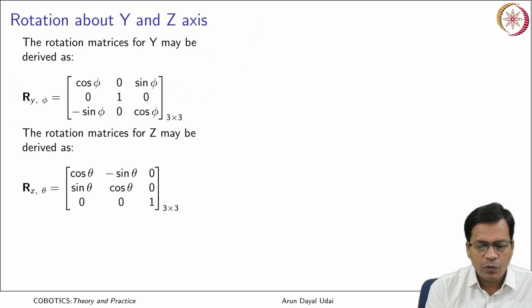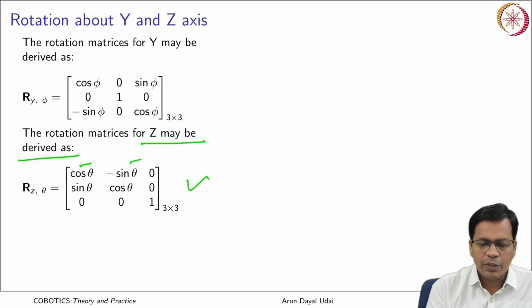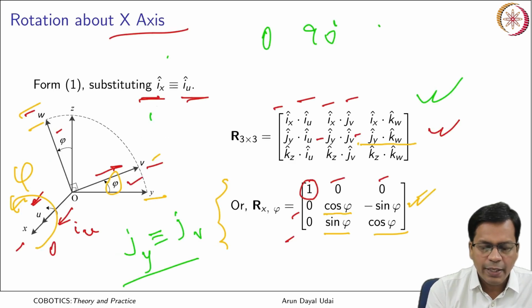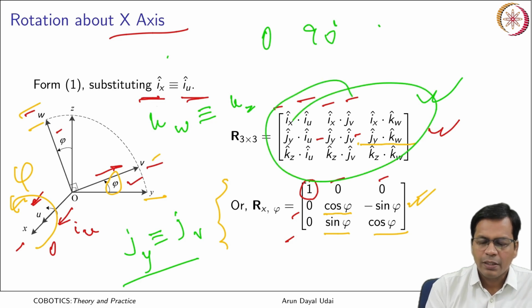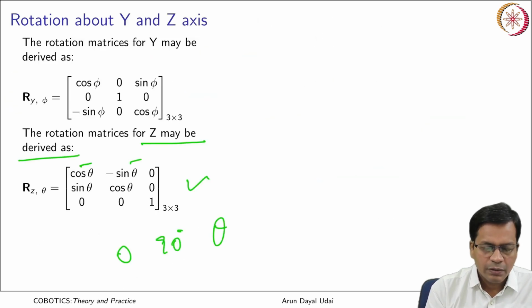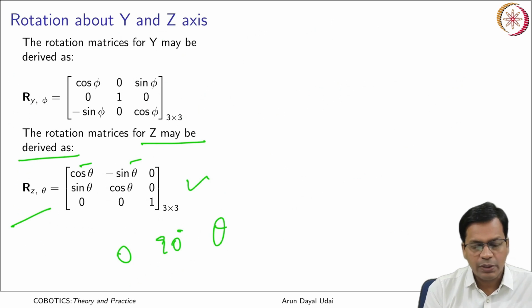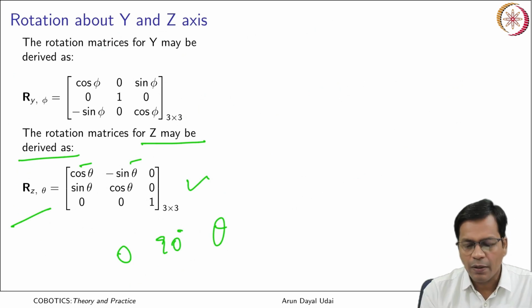Similarly, the rotation matrix for z axis may be obtained like this, and this time it is rotation about z axis by an angle theta. Again the angles between the vectors would be 0 degree, 90 degree or angle theta. The substitution would be Kw equivalent to Kz. That should be substituted into this equation again, and you get the rotation matrix about z axis by an angle theta.